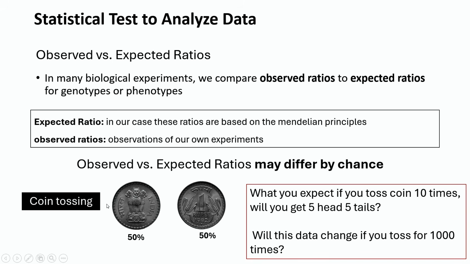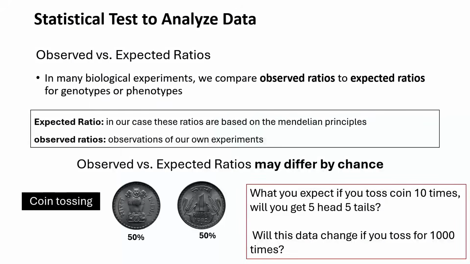I would encourage you to try this experiment yourself and see what exactly you get when you toss 10 times. You will see a lot of variability in your data, and if you increase the attempts, if you toss the coin 100 times, 1000 times, then you will start seeing that the probability is reaching the 50-50 ratio.